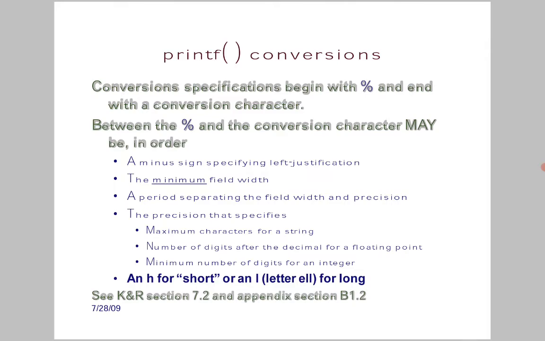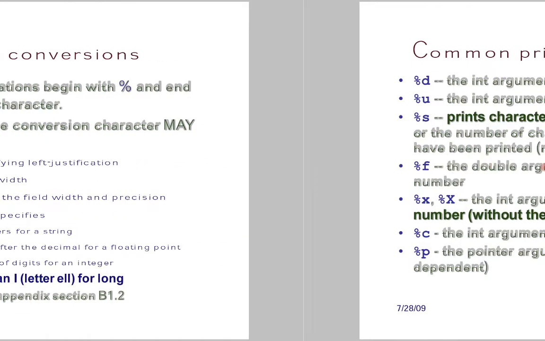These begin with a % symbol, and generally for integers we use %d, for single characters %c, for strings %s, for long integers %ld, for unsigned integers %u, like that.